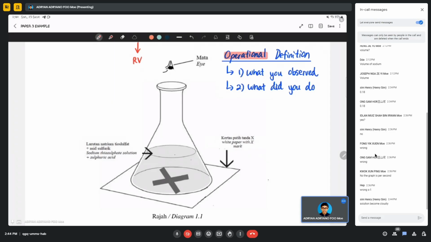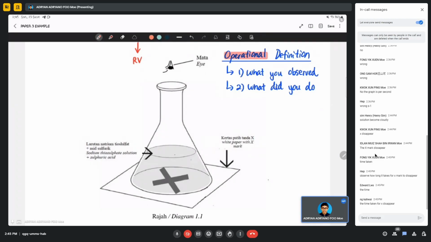What you observe, I want to relate to the responding variable. X disappear. Okay, it's not complete yet. I want it more accurate. What did we record? What is our responding variable? The time taken for the X to disappear. That is what we observe.